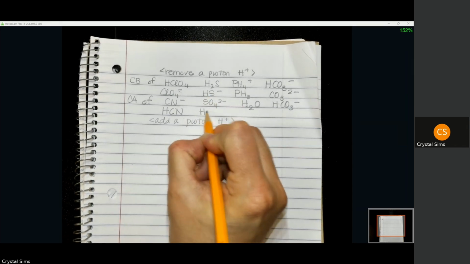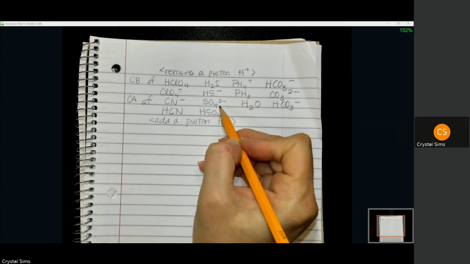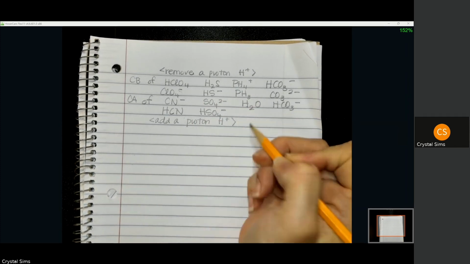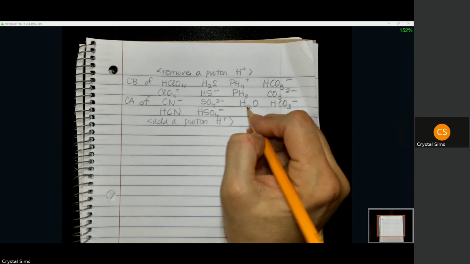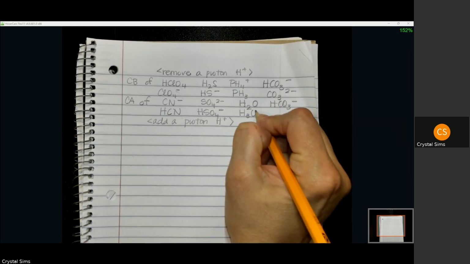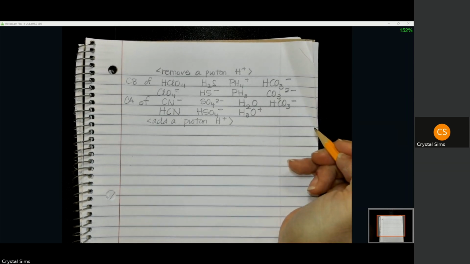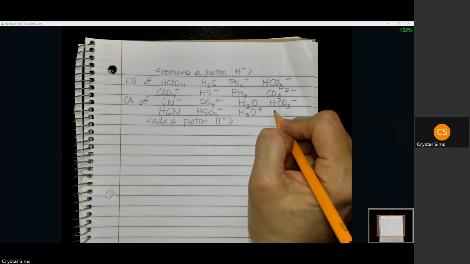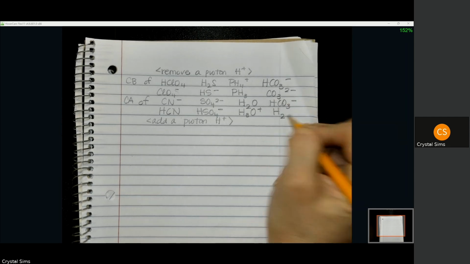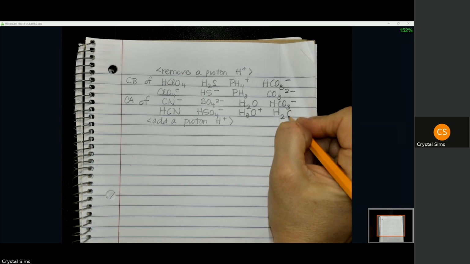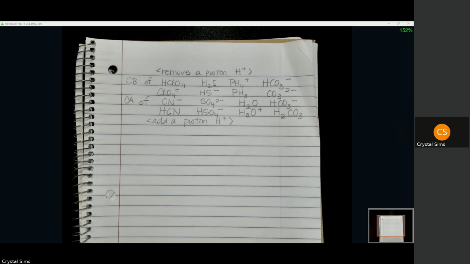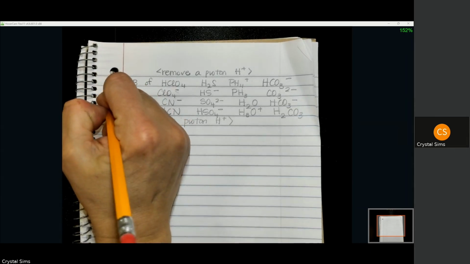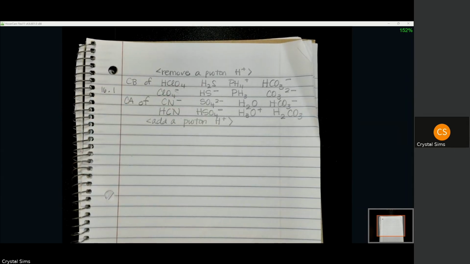When I add an H here, that's going to reduce the 2 minus just to minus. H2O, we know, becomes a hydronium ion when we add a hydrogen to it. And then for HCO3, when I add another hydrogen, that becomes H2CO3, and that eliminates the negative charge out there. So that is sample exercise 16.1.